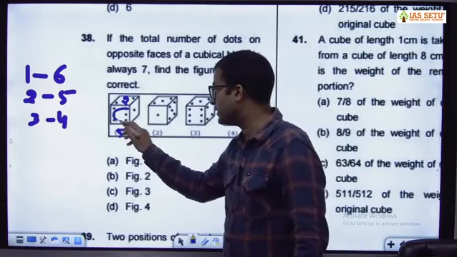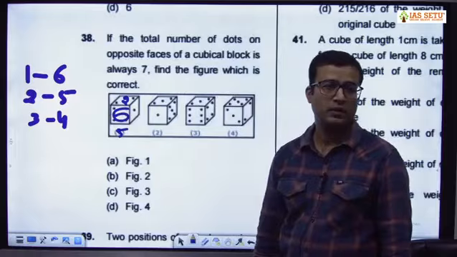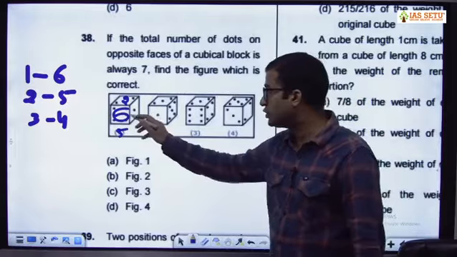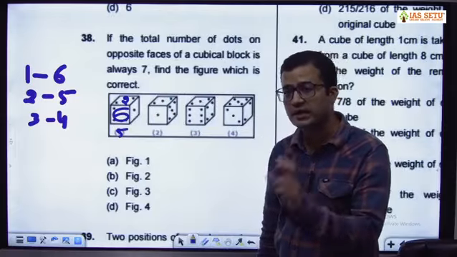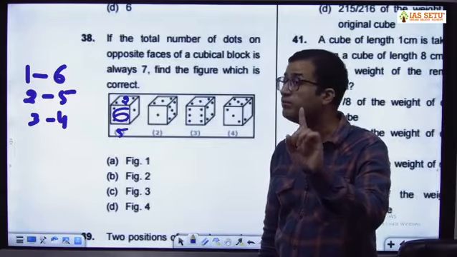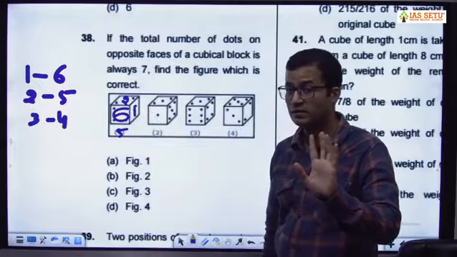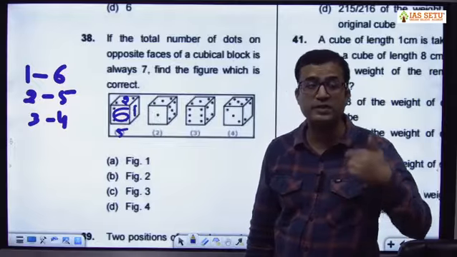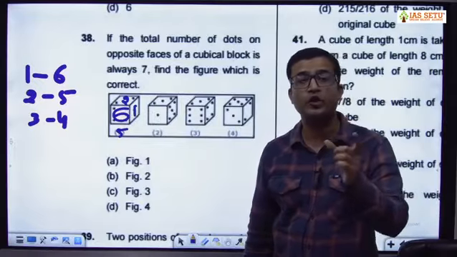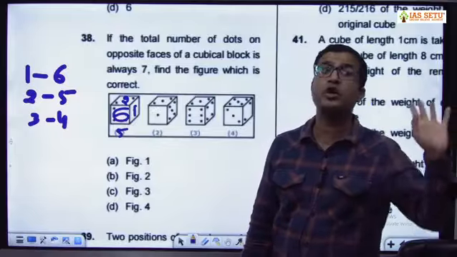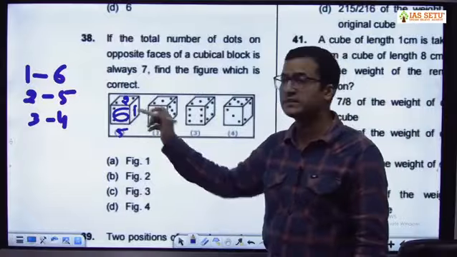But these are the 6 dots. Tell me opposite of 6, what number I can put so that I get total 7, but 1 is already used. We can't use 1, because 1 is already adjacent to 6.